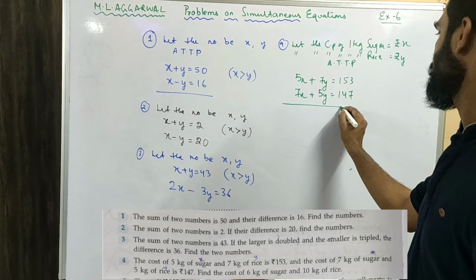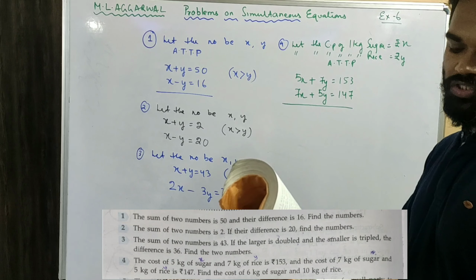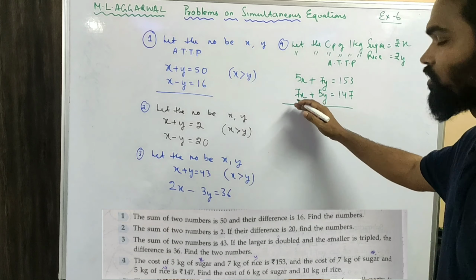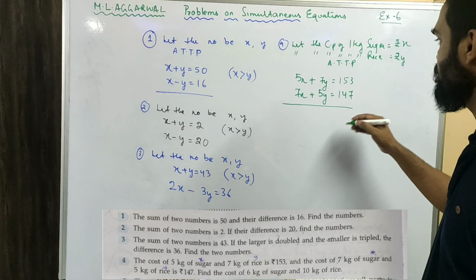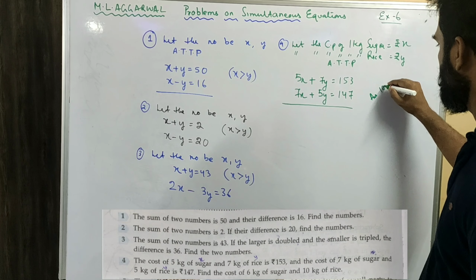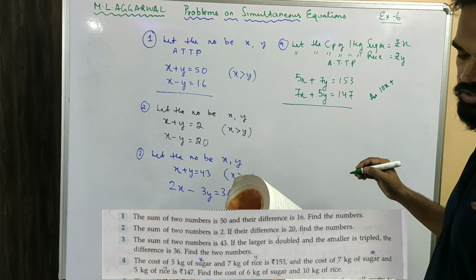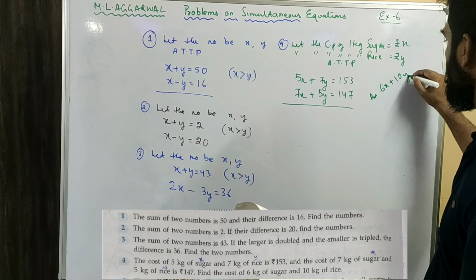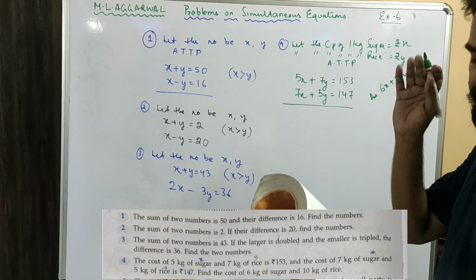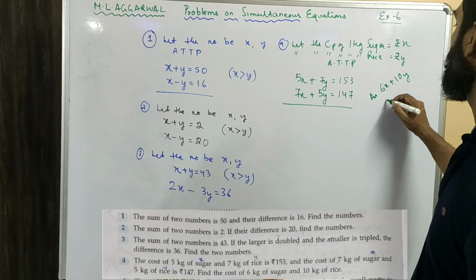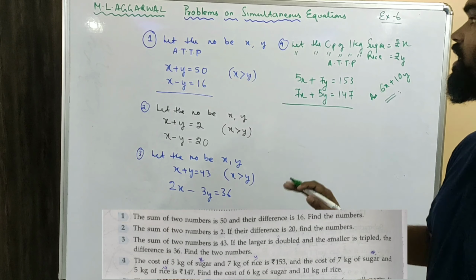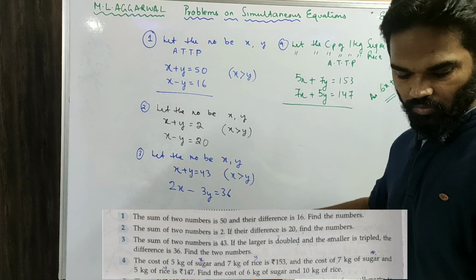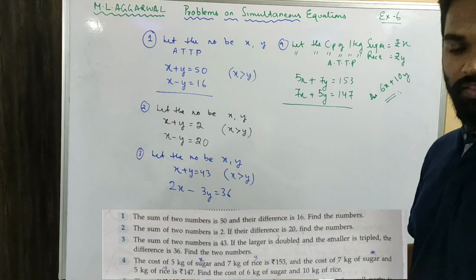They have told us to find the cost of 6 kg of sugar and 10 kg of rice, which means solve this, get x and y, and then your answer will be 6x plus 10y. They are asking the price for 6 kg of sugar and 10 kg of rice. You can solve in any way. Am I clear?